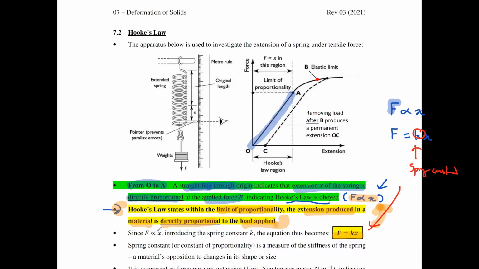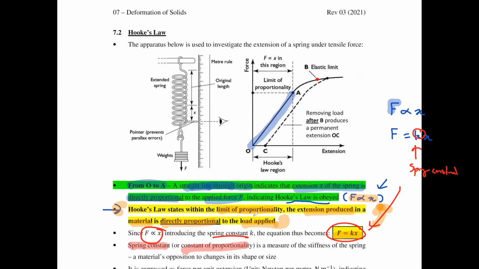Since F is directly proportional to x, introducing the spring constant K, your equation thus becomes this. Okay, and this is Hooke's law equation. That's where you get your spring constant. Now, the spring constant is sometimes known as the constant of proportionality.